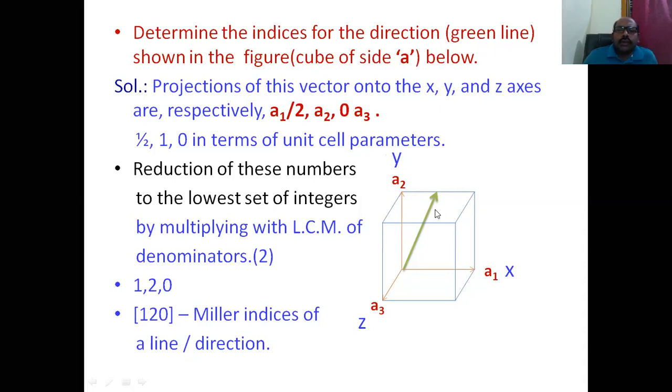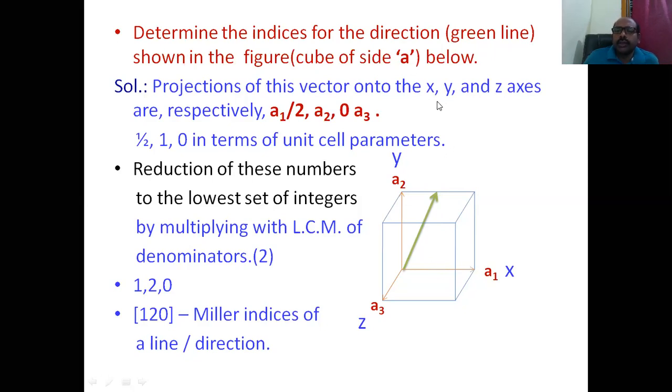At first we have to confirm that the particular line or direction is passing through the origin. If it is, we find the projections of that direction along the coordinate axes, the basis vectors.